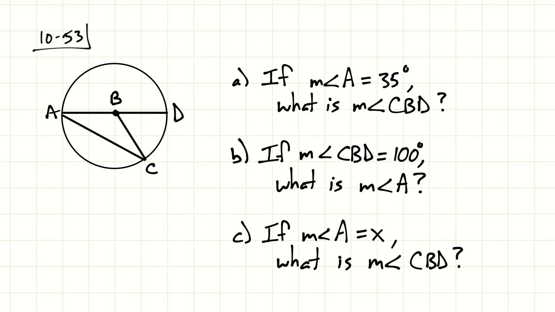So how do these two angles relate? If I think about what we know about circles, a radius is always the same measurement. So technically all three of these sides are the same measurement. More importantly, these two are the same, which means we have an isosceles triangle, so if this is 35, then this one must be 35.